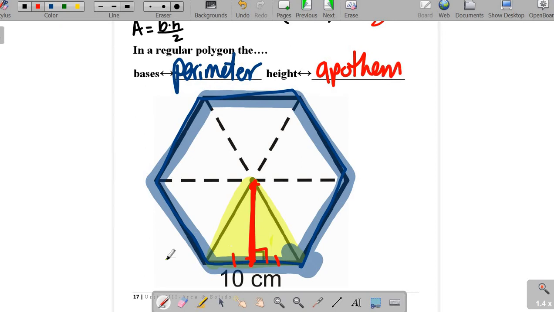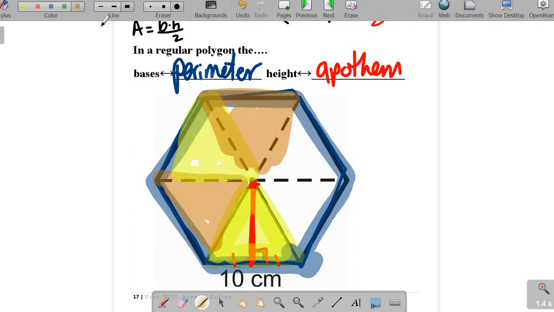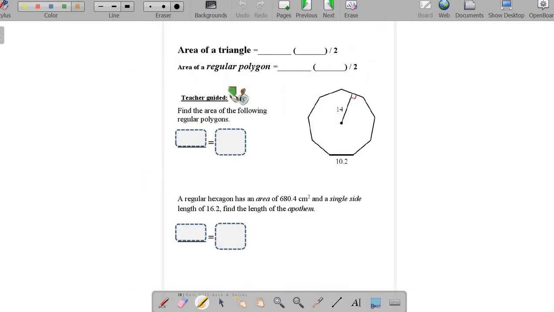So theoretically, I could find the area of one triangle, then find the area of this triangle, then that triangle, and so on and so forth. And then I can add them up if I wanted to. So I could find the area of 6 individual triangles, but there's a shortcut. Here's your shortcut.